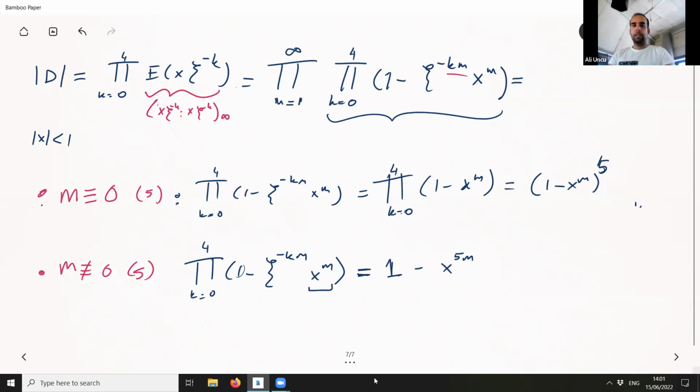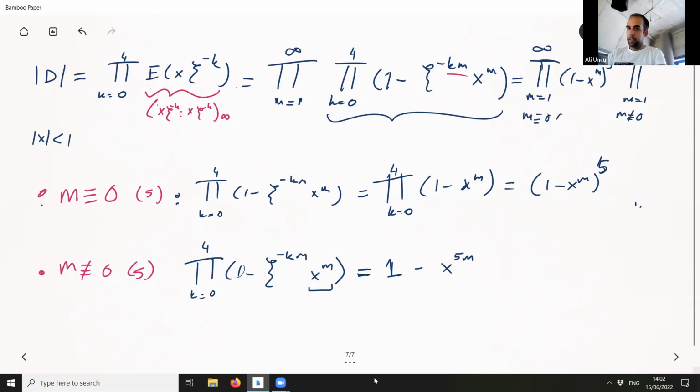So then the product becomes: we have m from 1 to infinity, that outside product, and it is (1 minus x^m) to the 5, if m is congruent to 0, or, because it's a product, I'm just splitting that, I have m from 1 to infinity where m is not congruent to 0, and then I have this 1 minus x^(5m).